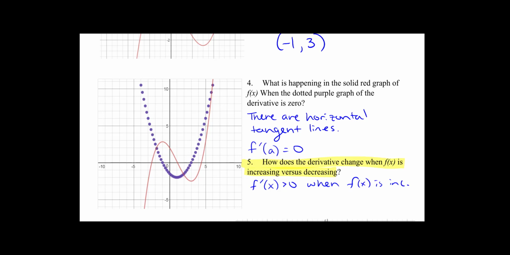So that corresponded to, for example, here and here on our graph, where our function was increasing and the derivative was positive as well. And we could say that our derivative is negative, so less than 0, when the function we started with is decreasing. For example, here between -1 and 3, our original function was decreasing, and our derivative had outputs that were negative.